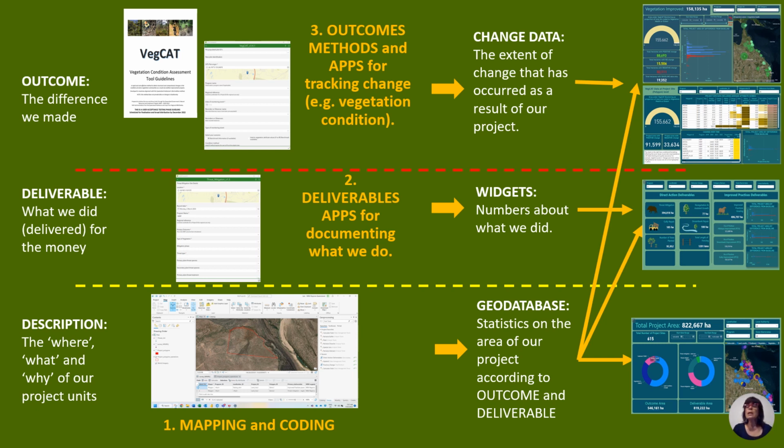I think we would all like to be able to do that, but some projects don't have the timeframes or the budgets available to do proper condition monitoring. So my message is, right now we are in a strong position in this state to, at a minimum, be able to report on all of our investments at those two description and deliverable levels.